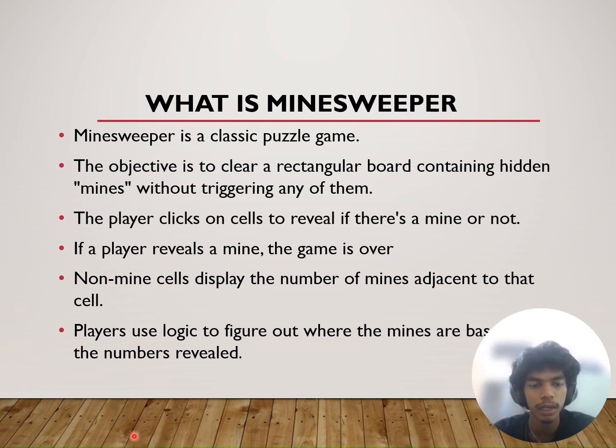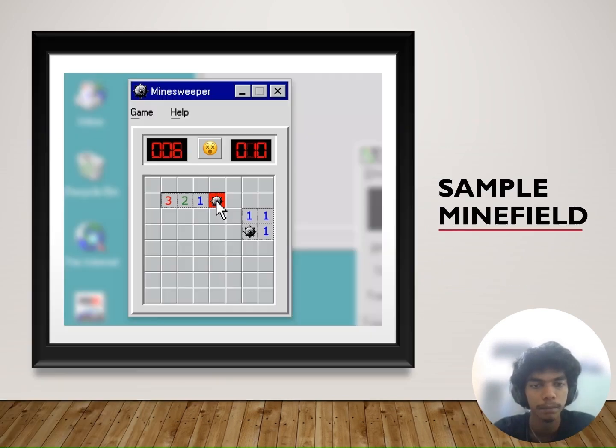So for example, I can show you a basic sample minefield. This is a minefield where this one here signifies that there's one bomb in the immediate neighborhood of this cell, and that bomb is here. This symbol is a mine, and when you click on it, you lose.